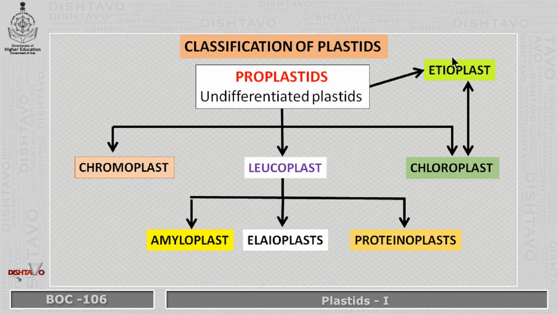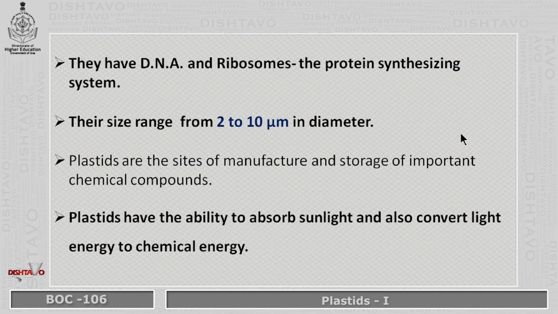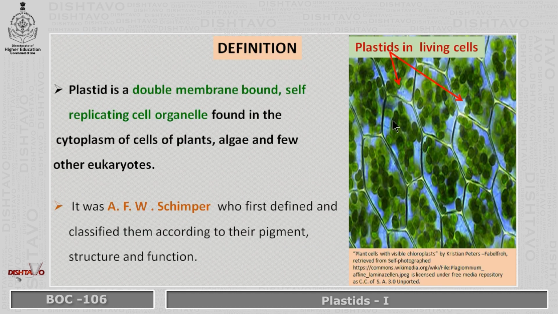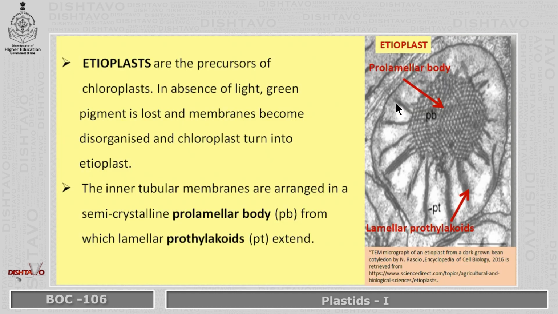And vice versa, if the plant is in shade, darkness or light, depending upon that, they will interchange into their different types.